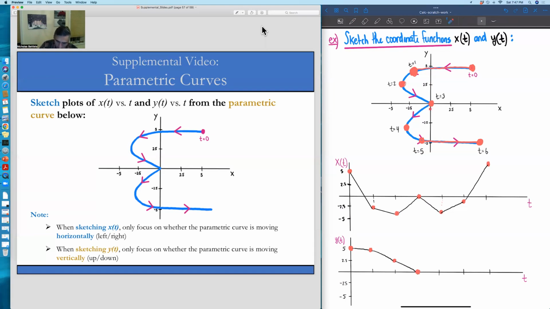Next, going from t equals 3 to t equals 4, again, there is vertical movement downwards, so our y value continues to decrease, and it looks like we're decreasing a little bit past minus 2.5. So at t equals 4, we're a little bit past minus 2.5, so maybe somewhere around there.